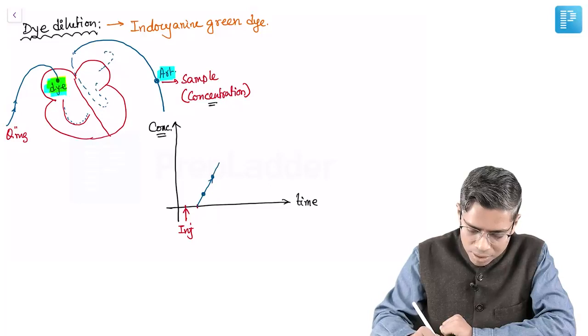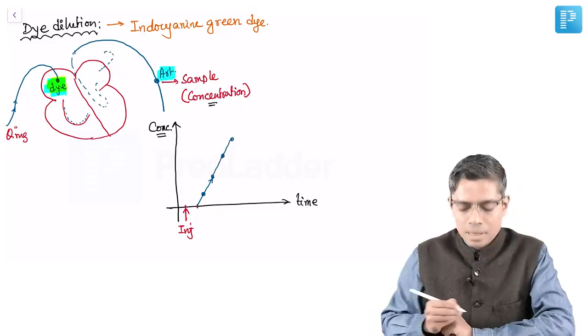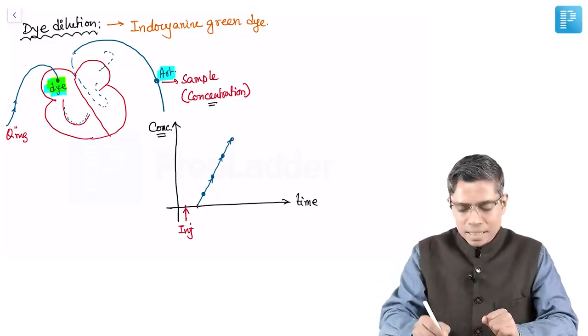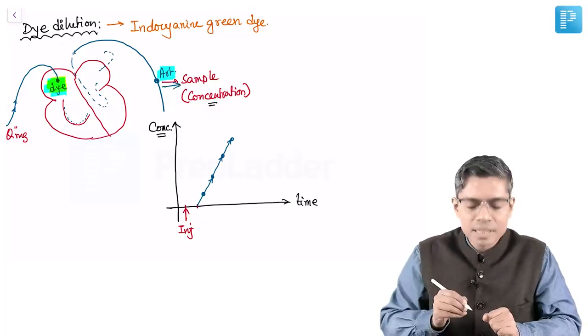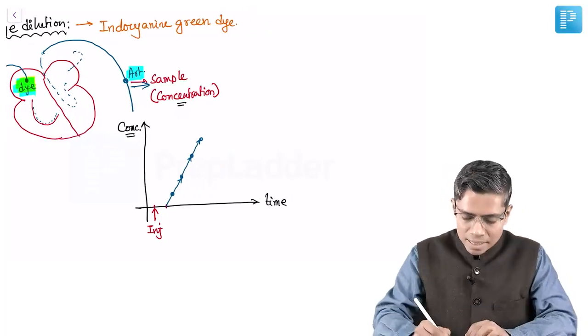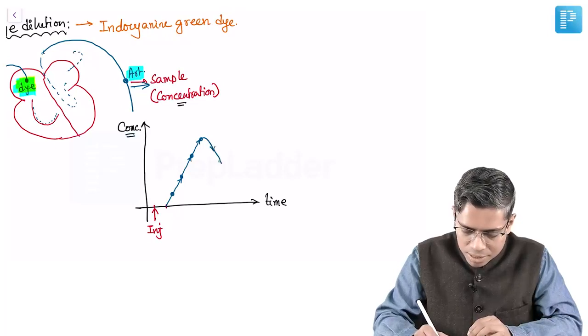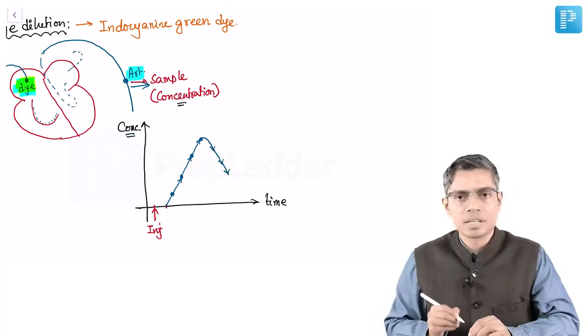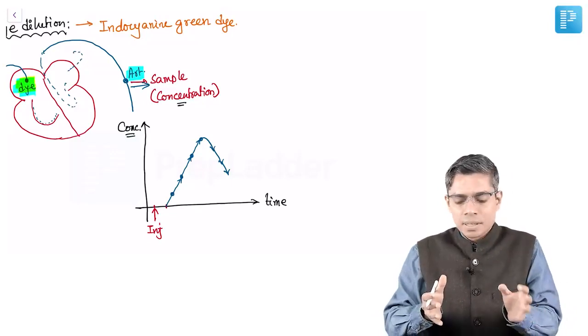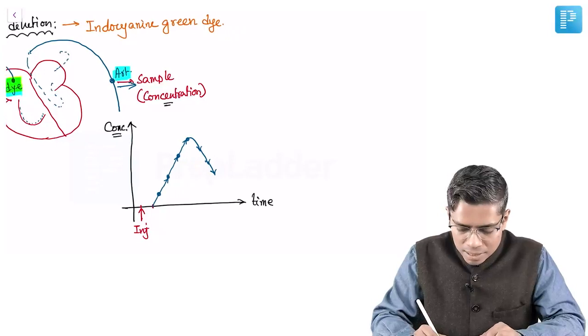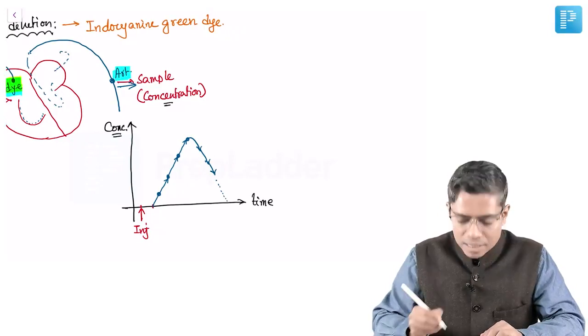So the concentration of the dye in the arterial blood is continuously rising in the brachial artery sampling, and then after a certain point of time the concentration will start decreasing. That is very obvious, right? But if you plot it like this, it is not going to touch the baseline immediately.